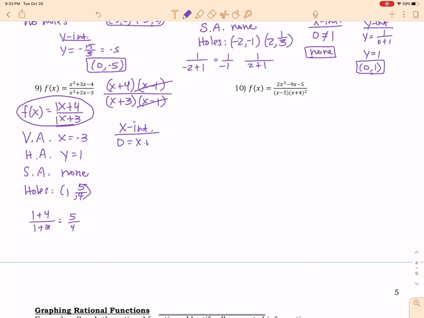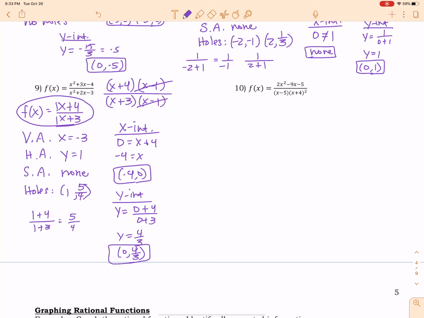Set the numerator equal to 0. So I've got an x-intercept at -4. Your y-intercept, the x's are both zeros. So 0, 4/3 is my y-intercept.